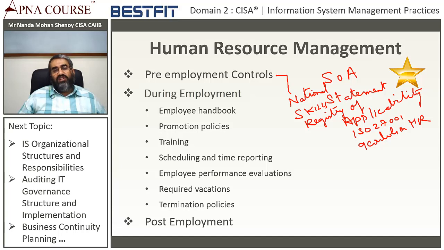So if TCS or Tata or Infosys or Cognizant is going to recruit you, all your credentials will be verified by TCS logging into the NSR, the National Skills Registry, and identifying all your certificates, etc.